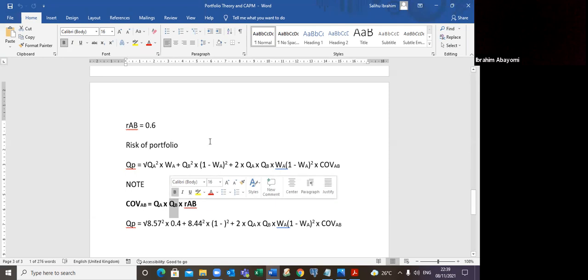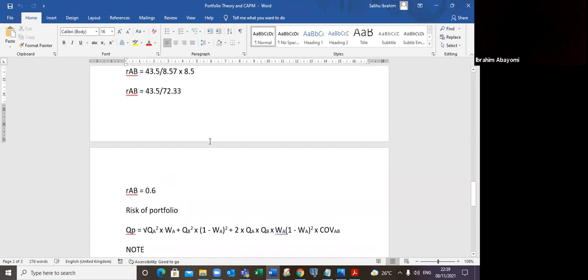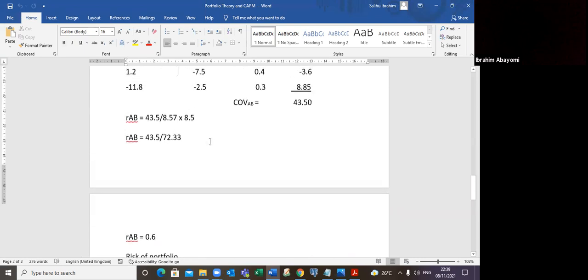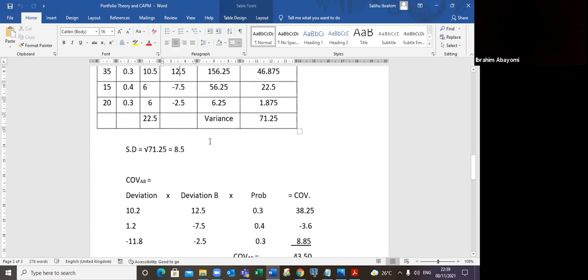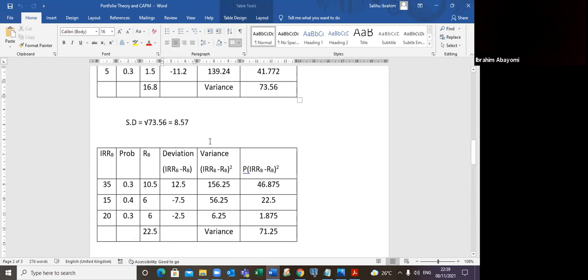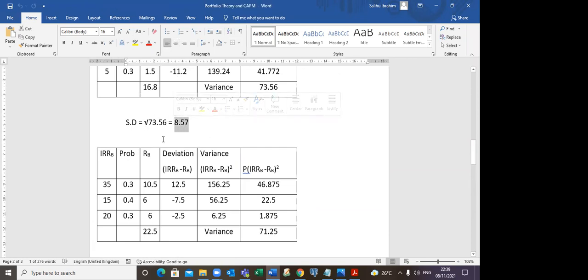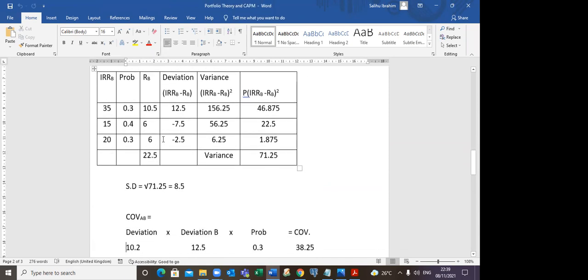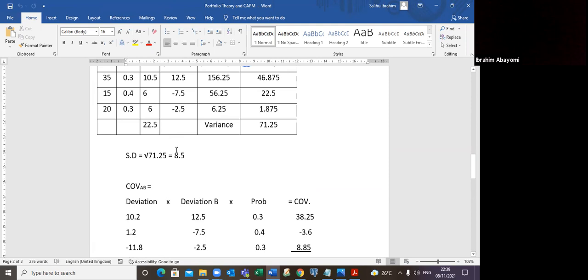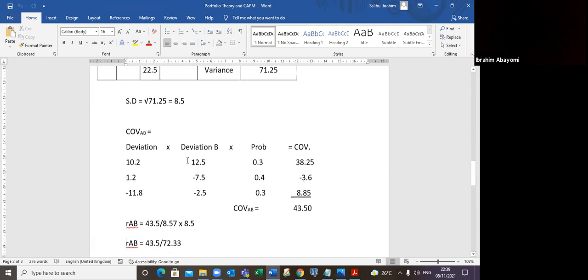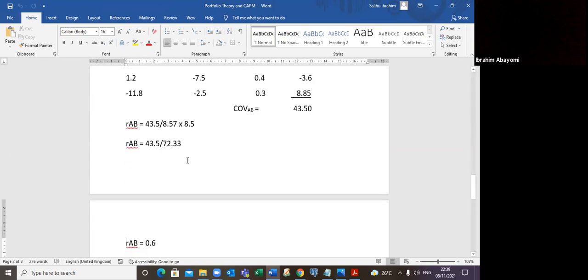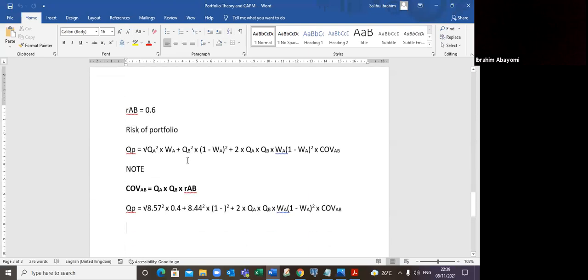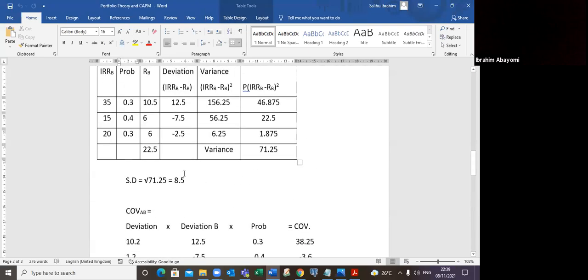If you look at this question now, what's our standard deviation of A? Yes. Good. What about standard deviation of B? 8.5, okay.